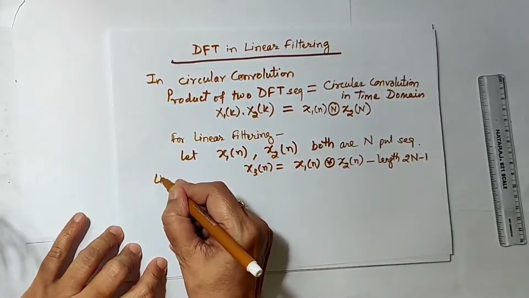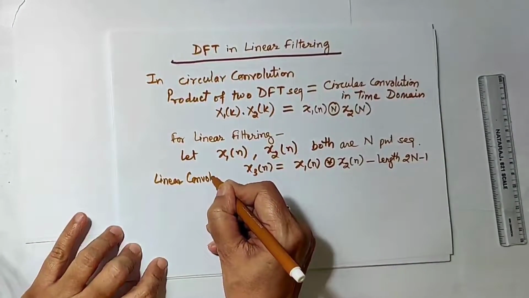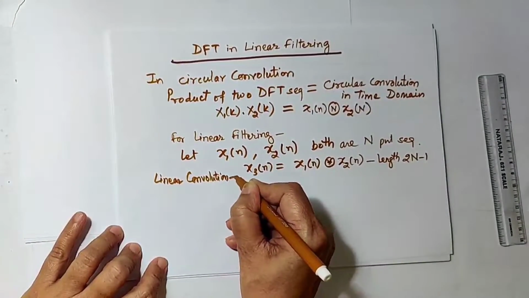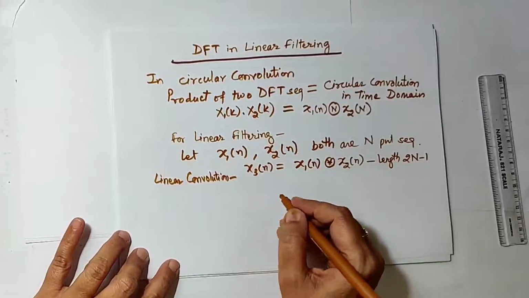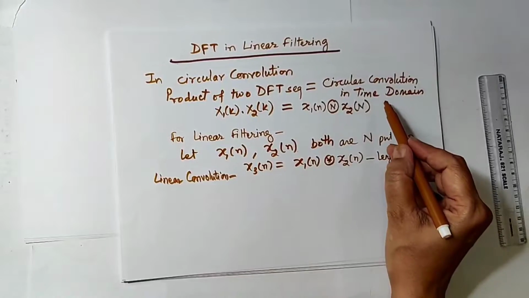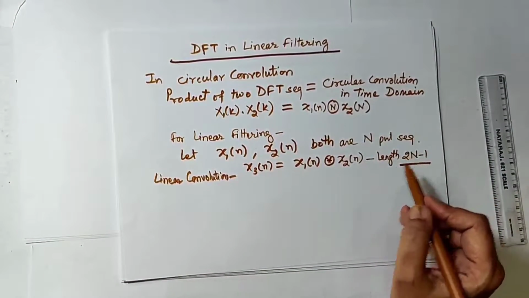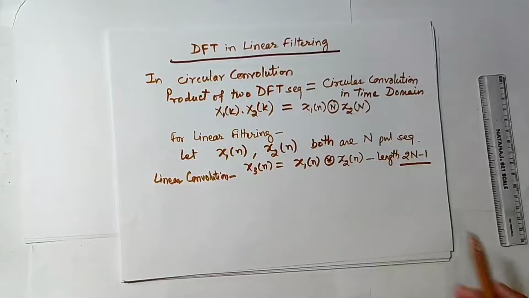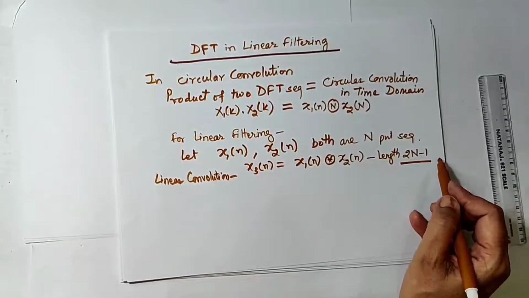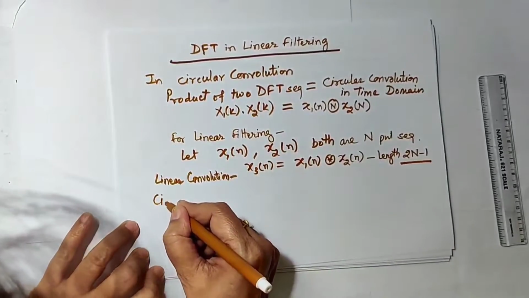This is the condition of linear convolution. Now what is the length? Length is 2N minus 1. Will it be okay with circular? No, although circular convolution is in the time domain. So this 2N minus 1 creates overlapping.